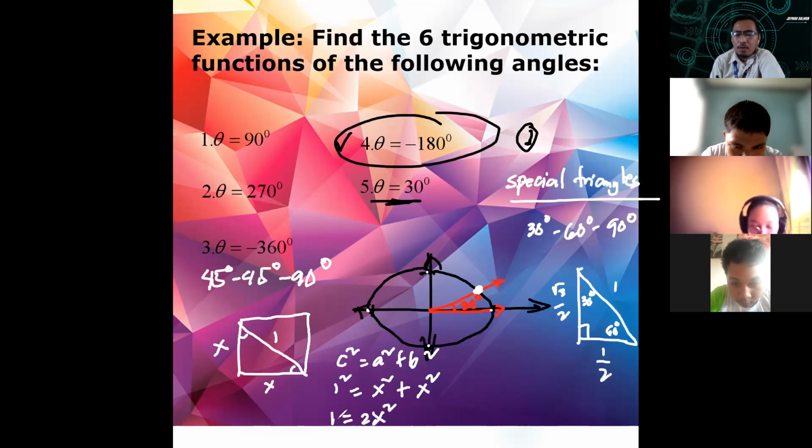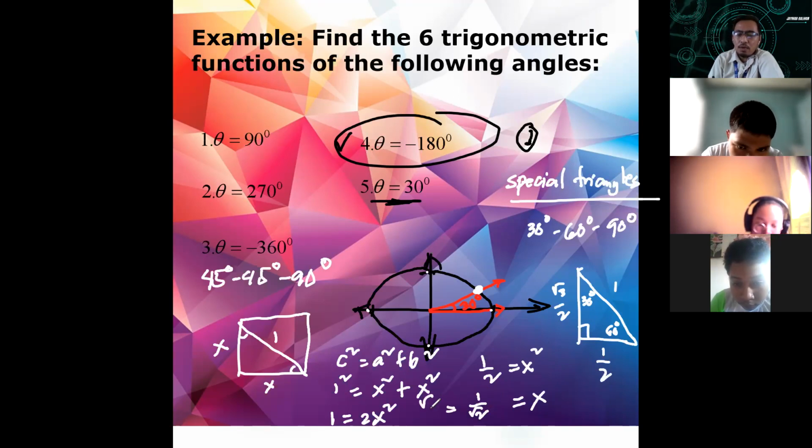If you divide both sides by 2, x squared is equal to 1/2. If you take the square root of both sides, x is equal to 1 over the square root of 2. If you rationalize it, it will be square root of 2 over 2.